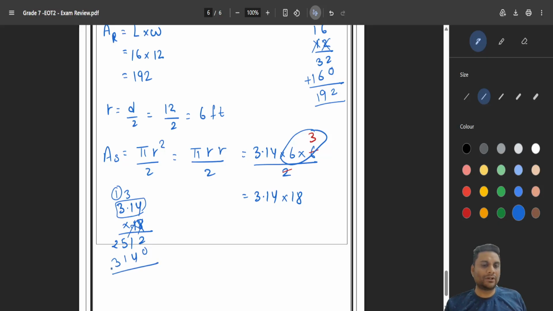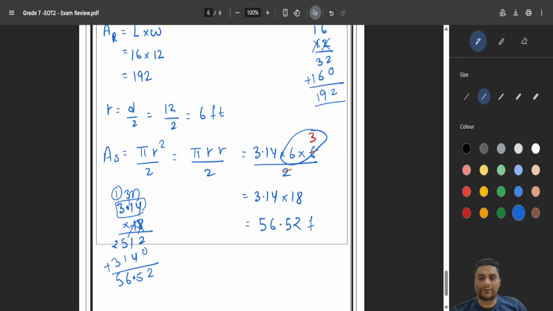Now both the numbers are over. Plus here 2, here 5, here 6, here 5. Where will I put the point? Check again, 2 numbers. So after 2 numbers, 56.52. So 56.52 is the area of the semicircle.